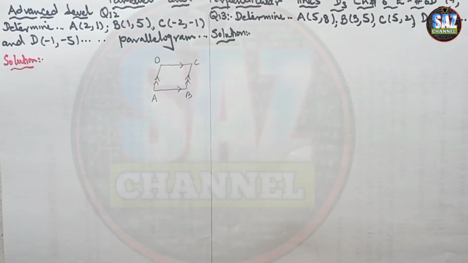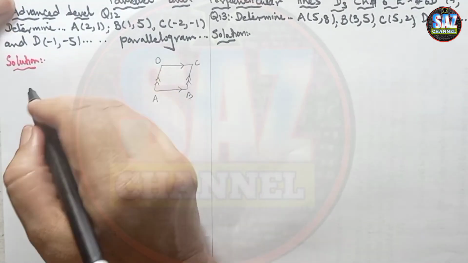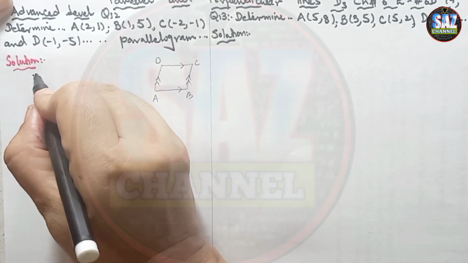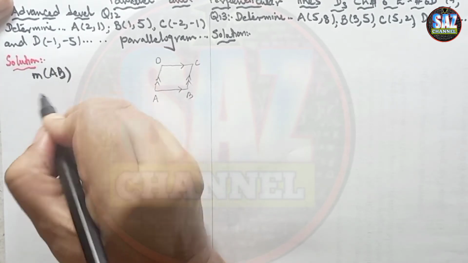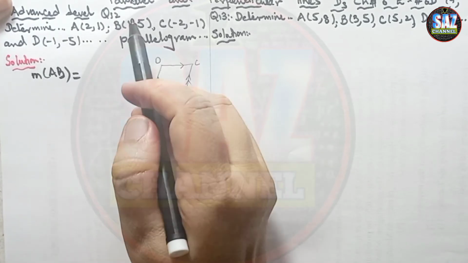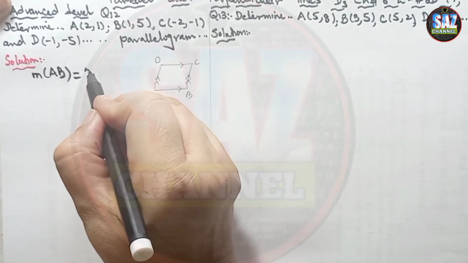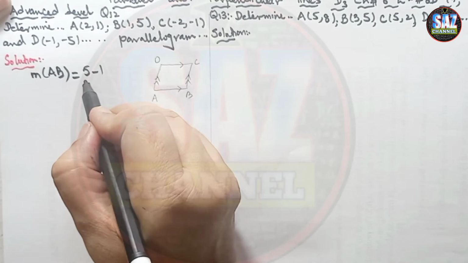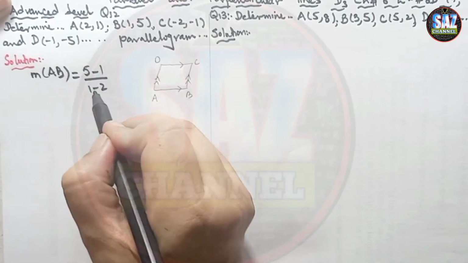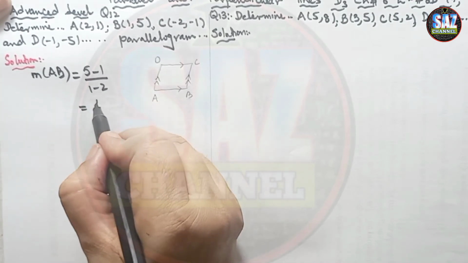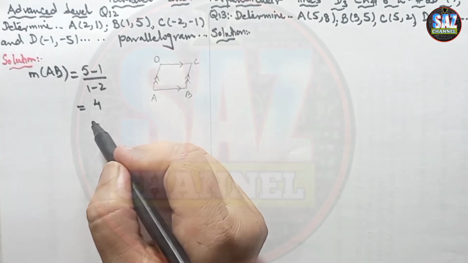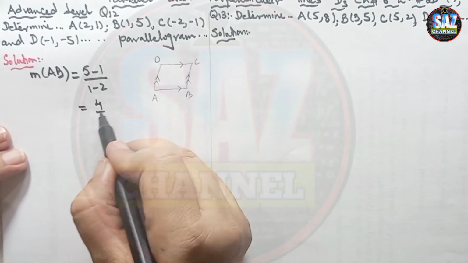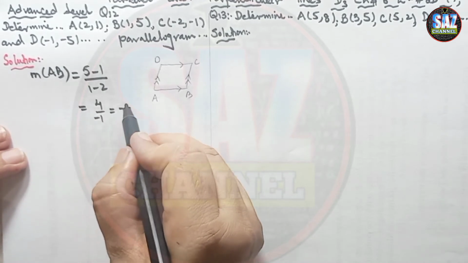Gradient of AB is y2 minus y1 over x2 minus x1, which is 5 minus 1 upon 1 minus 2, which is equal to 4 upon minus 1, and which is equal to minus 4.